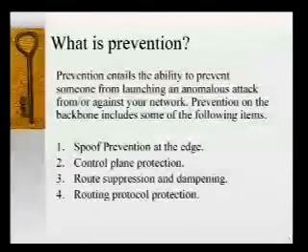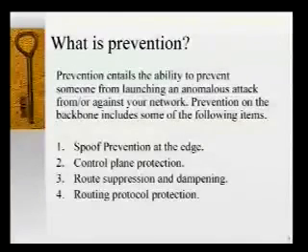So what is prevention? Prevention entails the ability to prevent somebody from launching an attack against your network. Things like this include spoof prevention at the edge. We generally have global access lists as well as customer filters and unicast RPF in some areas where we can.